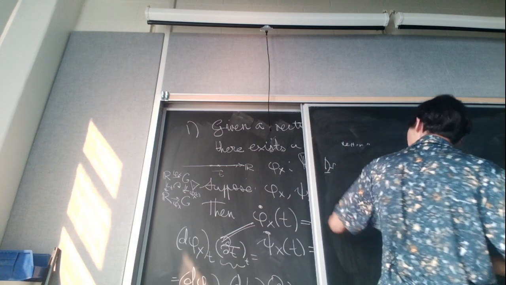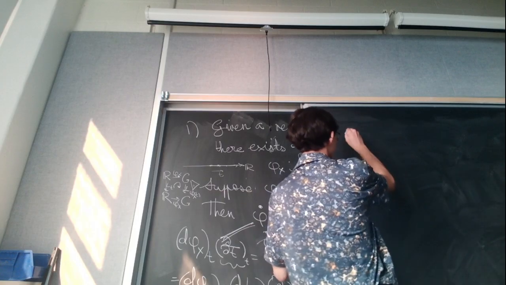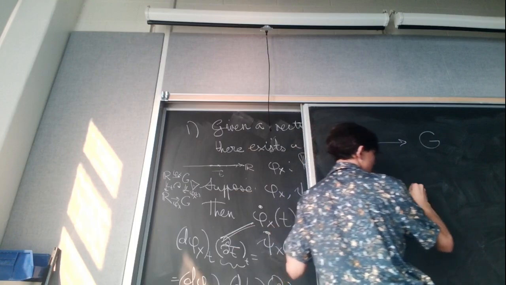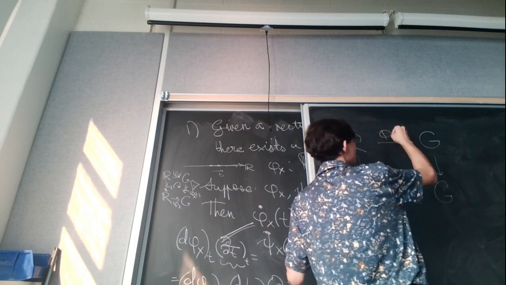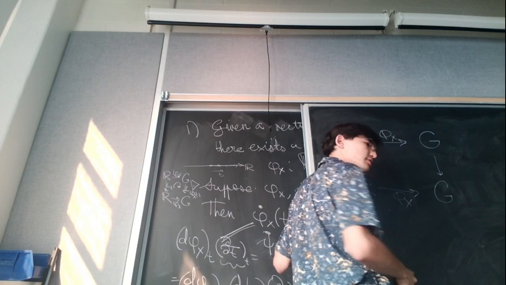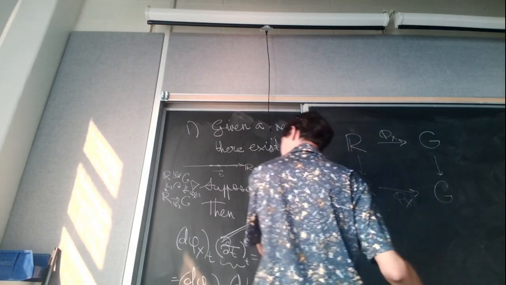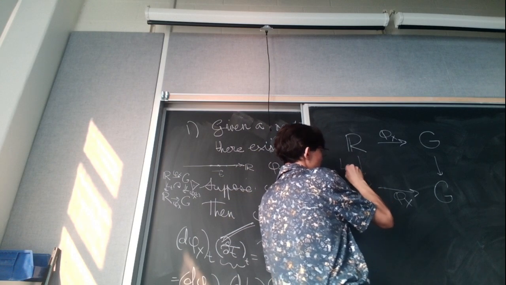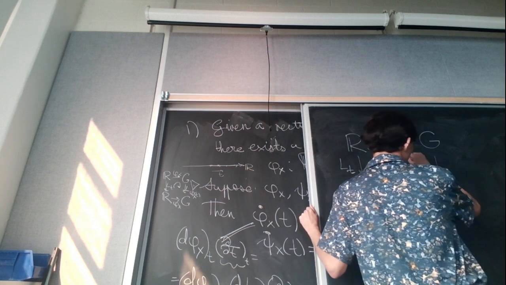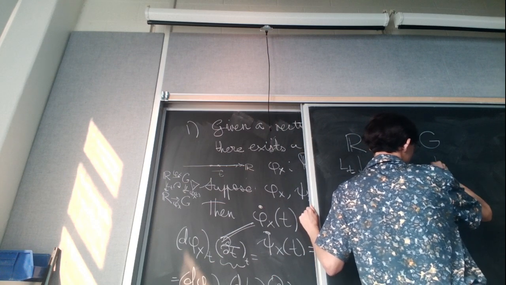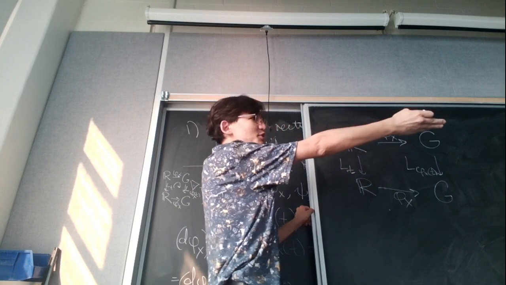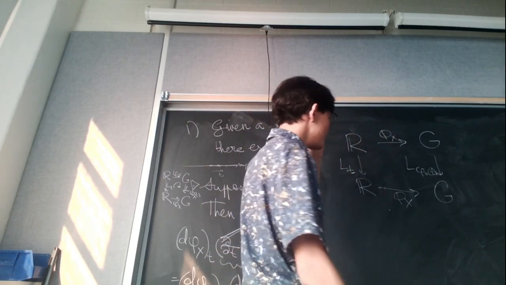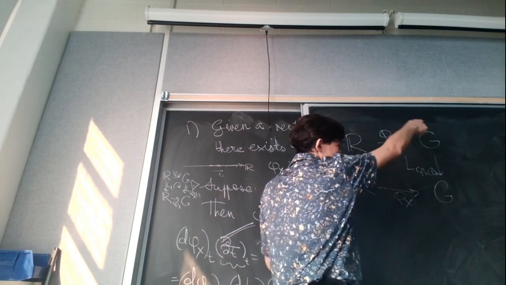So the diagram was R goes to G, goes to R, goes to G, where both of these maps are your homomorphism phi_x, homomorphism by assumption. And here you have just a left translation by some time t, and here you have a left translation by phi_x(t) in the group. And why does this commute? Well, this is just the homomorphism condition. Because what is this composition?